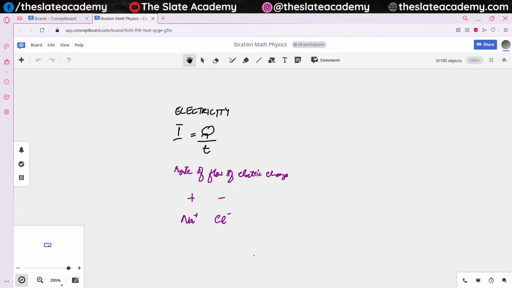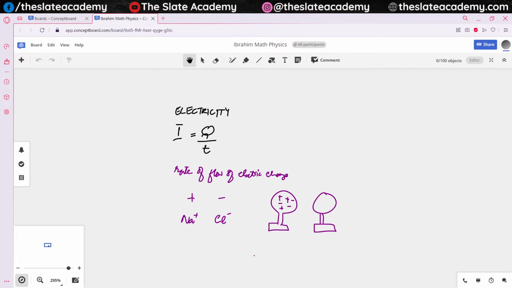Acha, there is also a phenomenon which is called induction. So what happens is, let's say that you have got two neutrally charged balls. There is neutral charge on ball 1 and there is neutral charge on ball 2.